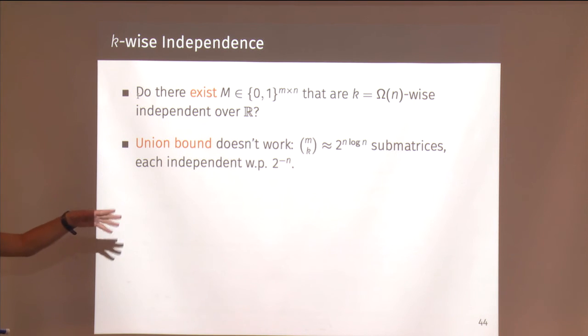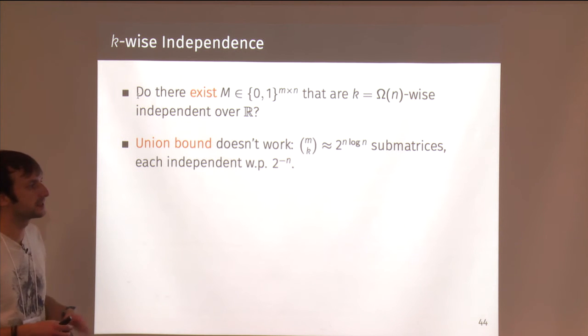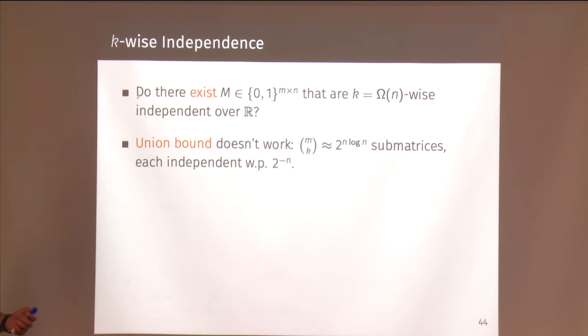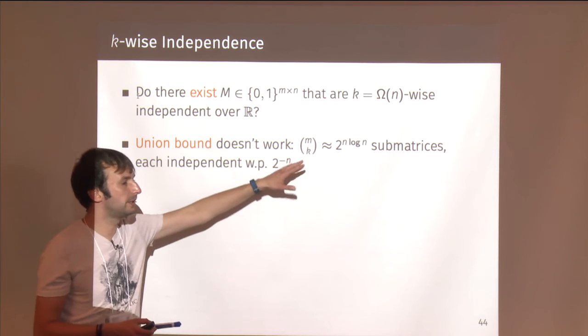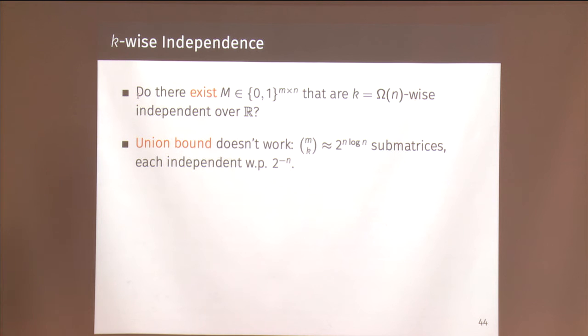Each of them, if my matrix is random, is full rank with high probability, all but 2 to the minus n. And I would like to say that that implies that a random matrix is order of n-wise independent. But no, this approach doesn't work. Union bound doesn't work here because you have super exponentially many submatrices of size order of n times n. We'll have to do something else.